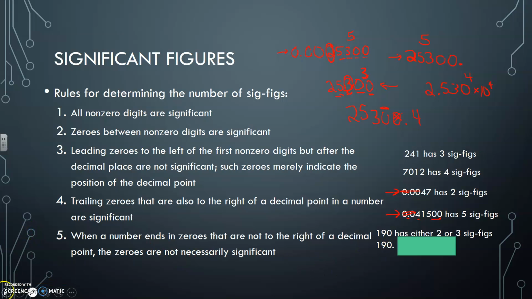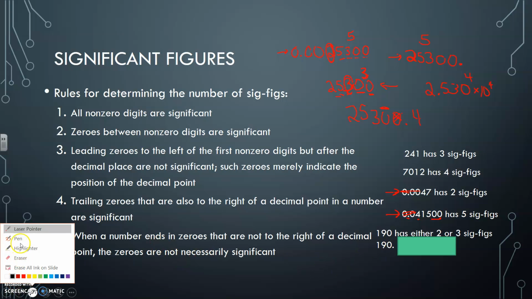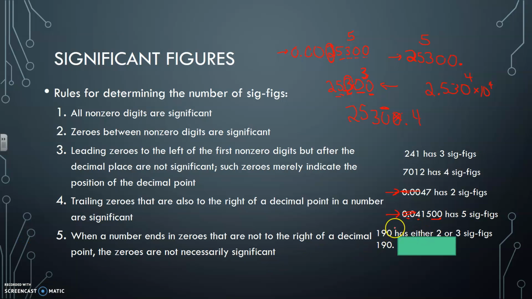Alright, so that's not what I wanted. There we go. This one we started counting from this side. Okay, so that's why we didn't know if we were supposed to count that 0 or not. Now in this one, because we have the decimal point, we are going to start on this side of the number. So you count the 1, the 9, and the 0, because it comes after the first non-zero number. So that one has 3 sig figs.